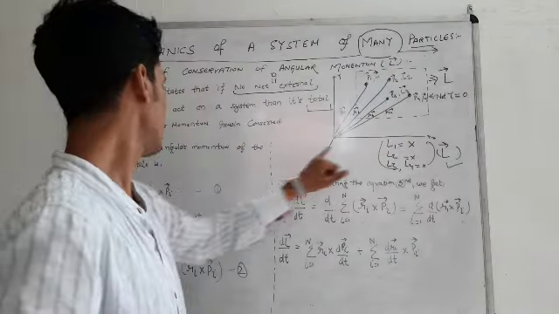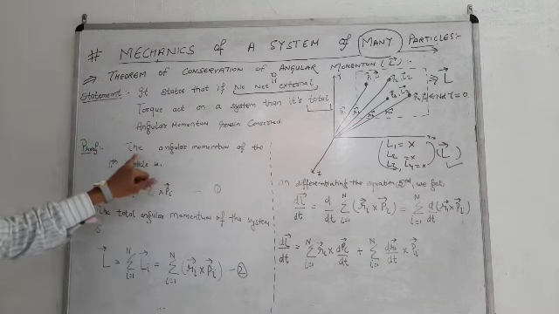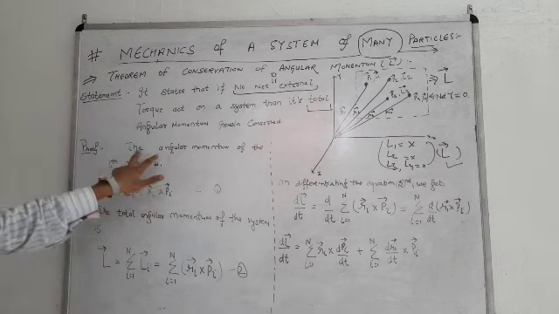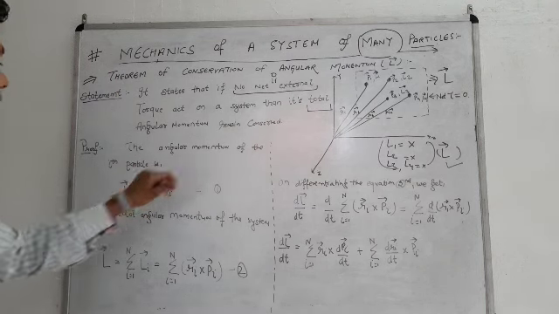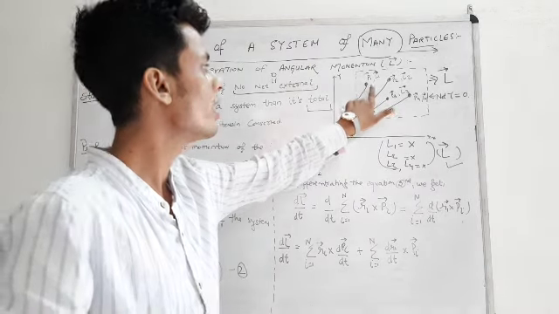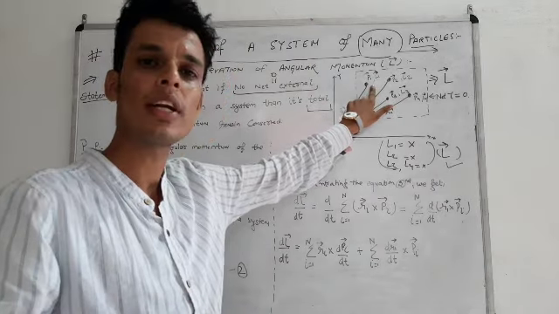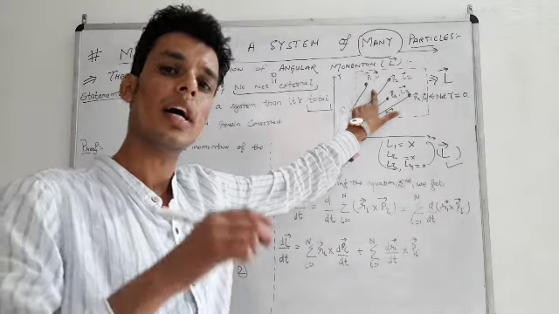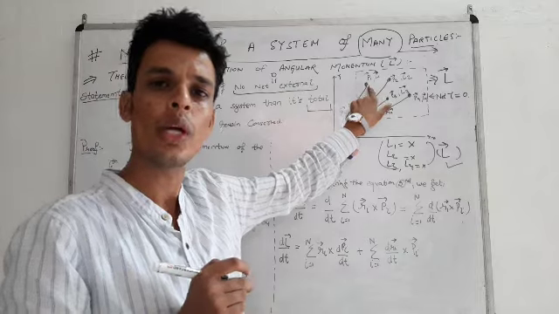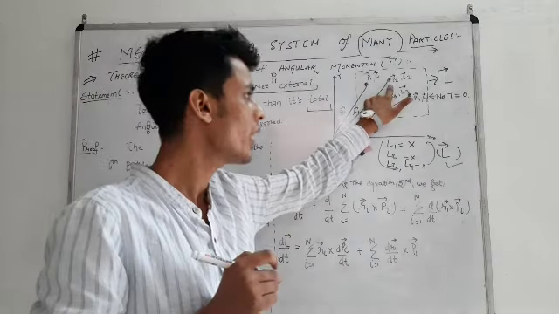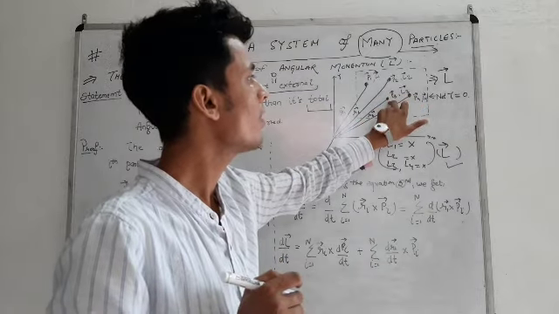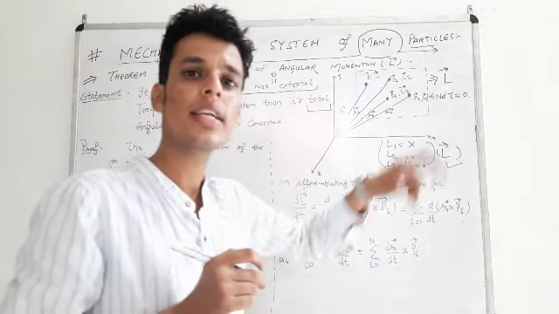So we will discuss the derivation of this theorem of conservation of angular momentum. The angular momentum of the ith particle: the ith particle could be any particle. If you put 1 in place of i, we are talking about the first particle. If you put 2 in place of i, we are talking about the second particle. And if you put 3 in place of i, we are talking about the third particle.